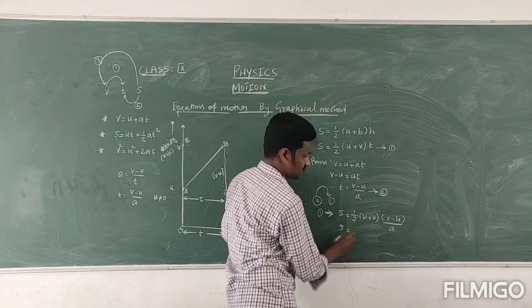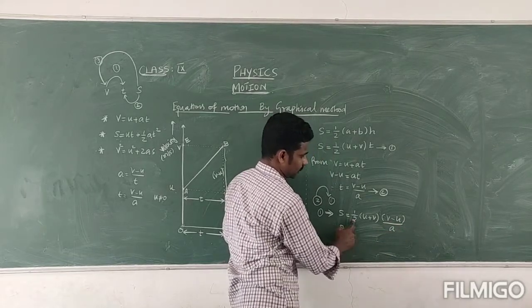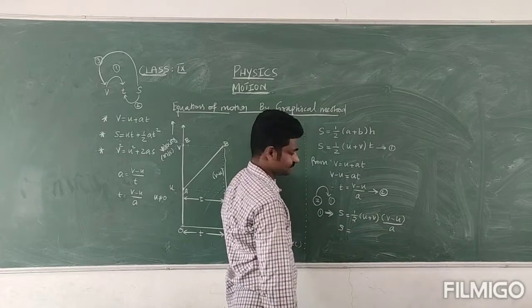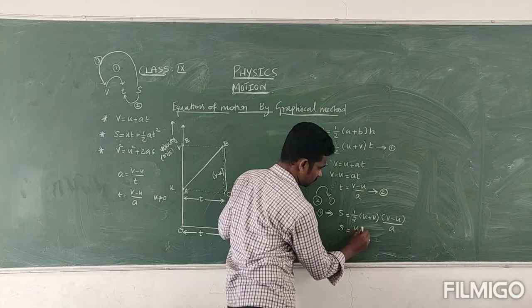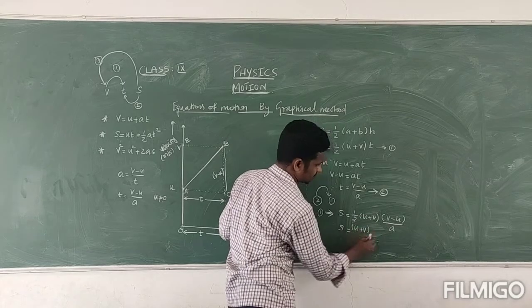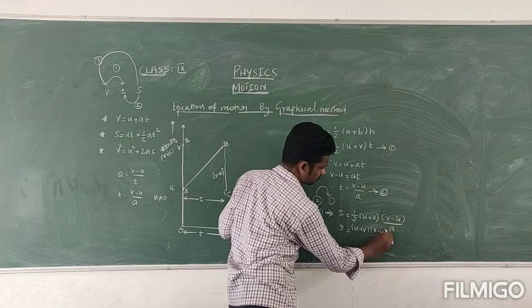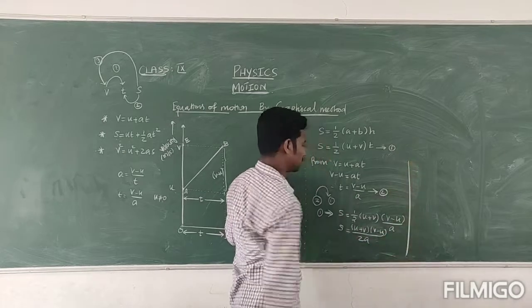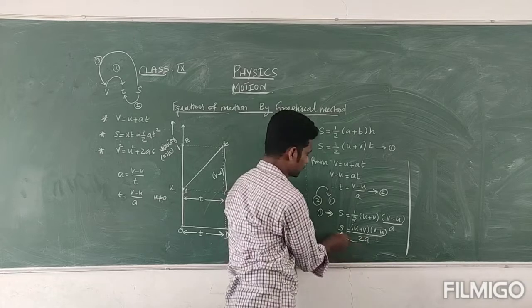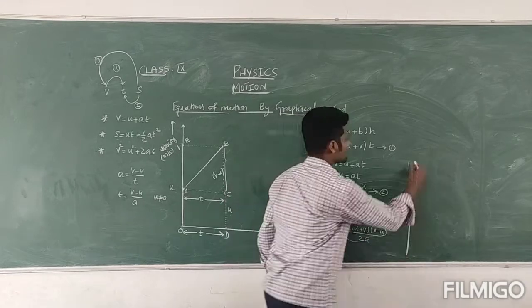Therefore S equal to, see, the 2 into a, 2a. I'll take one more step: (u plus v) or (v plus u), anything, then (v minus u) divided by 2a. Now this 2a is multiplied here, you can write as 2as.